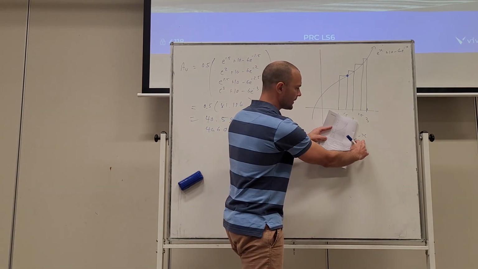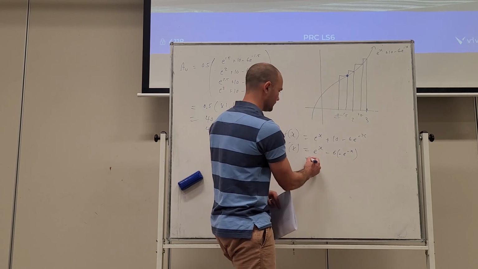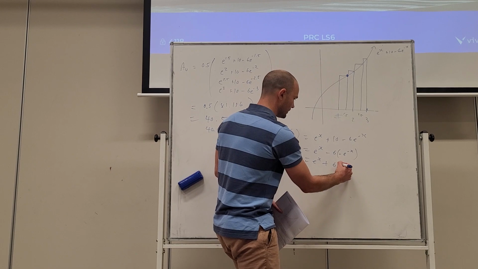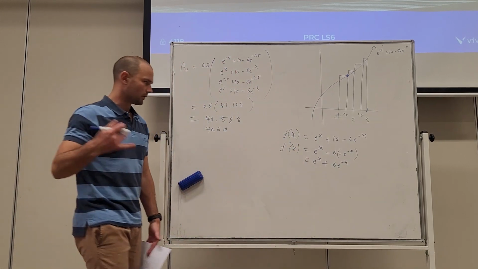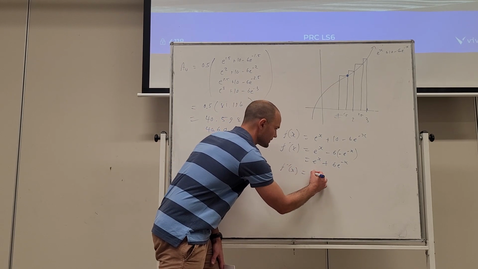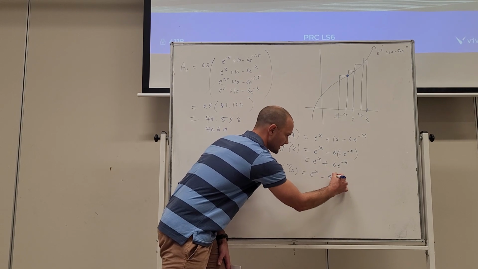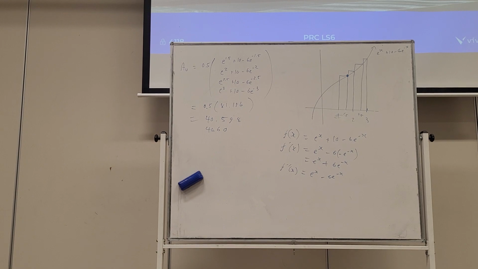And the derivative of e to the minus x is minus e to the minus x. So the first derivative then is e to the x plus 6e to the minus x. And so the second derivative then is e to the x, and here this will be take 6e to the minus x.